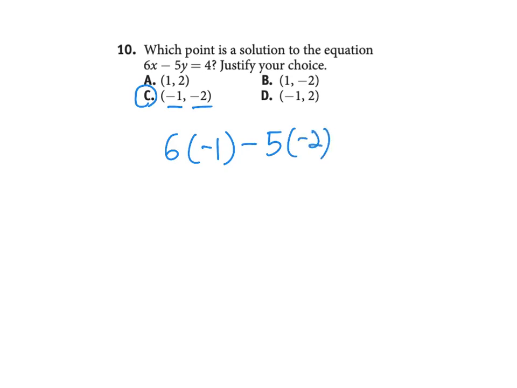If this comes out as 4, then that is a solution point for the equation. So 6 times -1 is -6, and -5 times -2 will be +10, and that will be +4. So C is the correct answer.